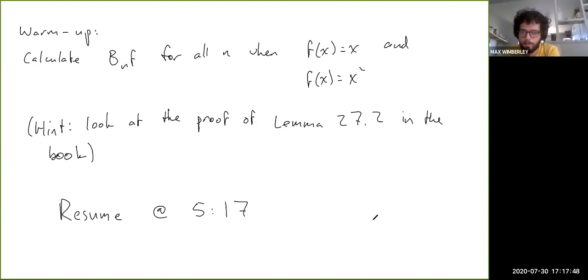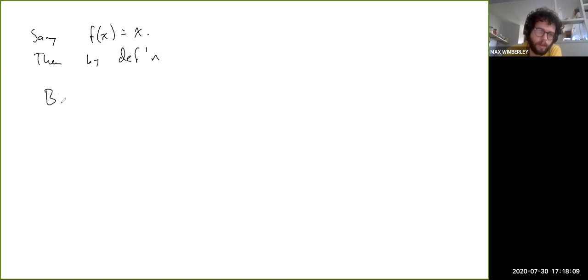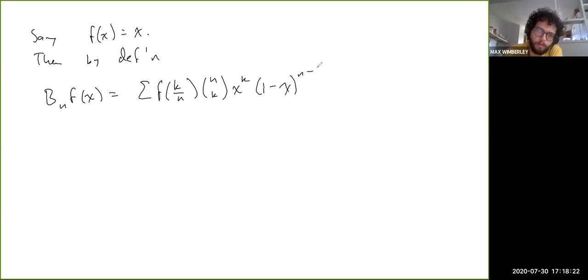All right, so let's go over this. Say f of x equals x. Then by definition, Bnf of x is the sum of f of k over n, n choose k, x to the k, 1 minus x to the n minus k, k equals 0 to n.